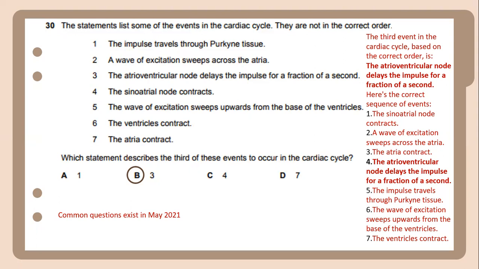Step 4, the atrioventricular node delays the impulse for a fraction of a second. Step 5, the impulse travels through the Purkinje tissue. And then step 6, the wave of excitation sweeps outward from the base of the ventricles. And finally, step 7, the ventricles contract.